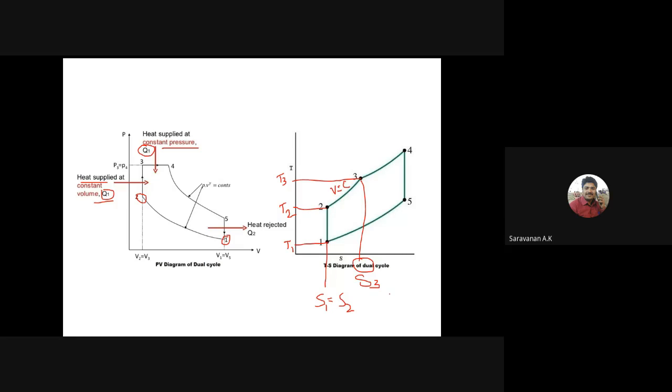Again the heat is added to the system by a constant pressure process. Here the pressure is constant. See, this curve is different: it is the constant volume process, and here it is the constant pressure process. This is the third point.